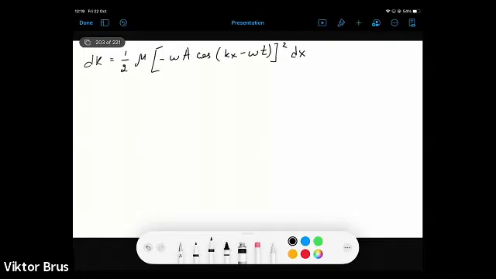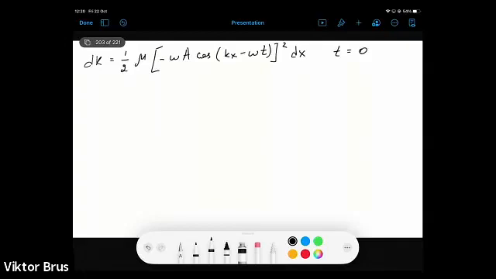We can make one additional step in order to make our life easier, to get rid of time. Let us pick some moment of time t equals 0.